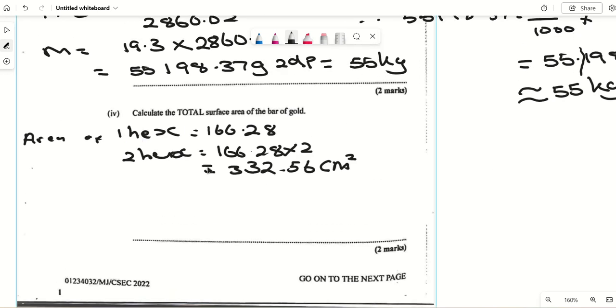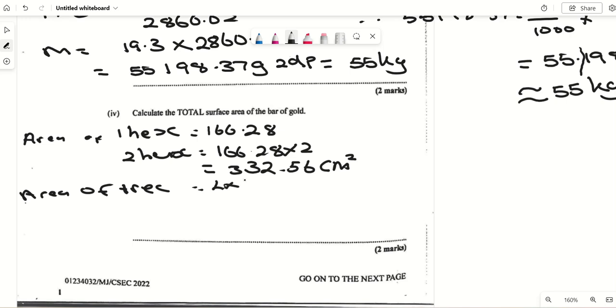Right, so we find out 2 hexagons. The area of one of the rectangles would be length by breadth, which equals 17.2 multiplied by 8, which equals 137.6. However, we don't just want one rectangle.